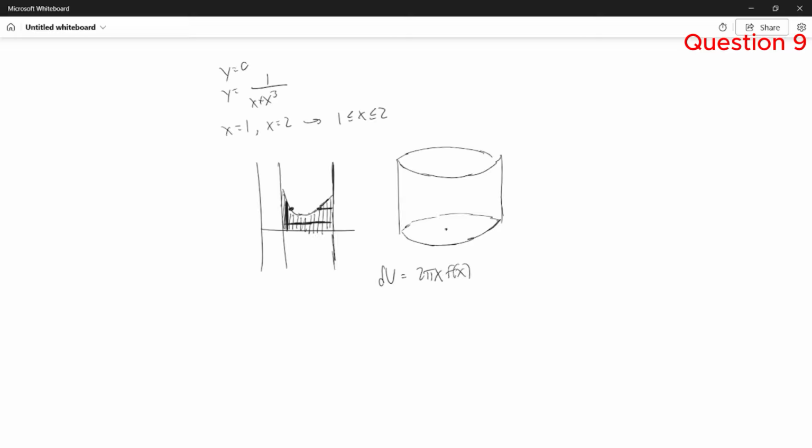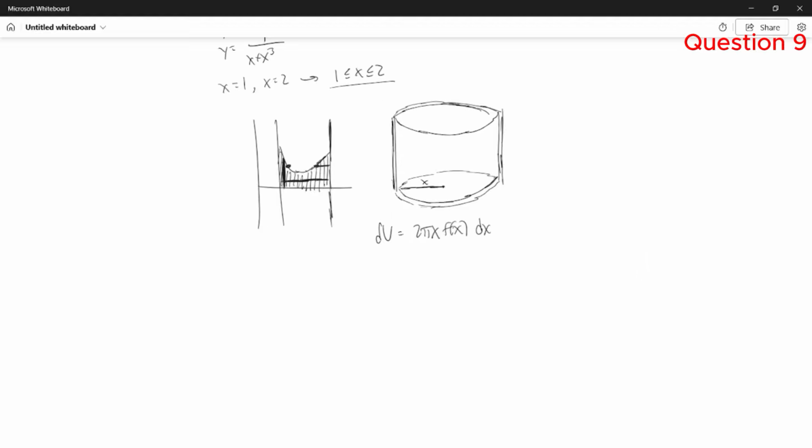We derive that because this has a radius of x, which means it has a circumference of 2 pi x, and then you multiply that by the height for how high it is, and then also by dx for how thick the shell might be. And then you essentially do that for an infinite amount of slices between the areas that you want to integrate, which we've established is between x equals 1 and x equals 2.